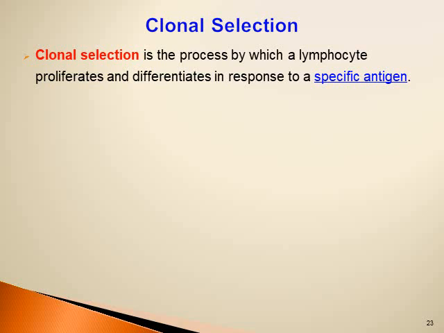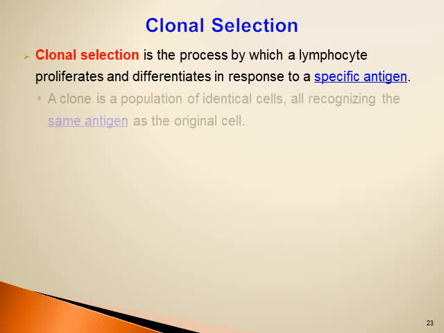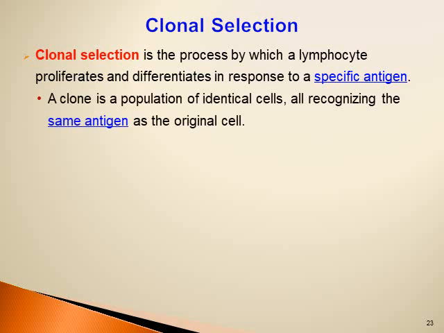So the first one is the clone of lymphocytes that is specific to that first antigen, while the second group of lymphocytes is another clone that is specific for the second antigen. A clone is a population of identical cells all recognizing the same antigen as the original cell.